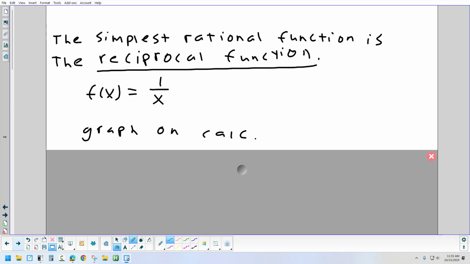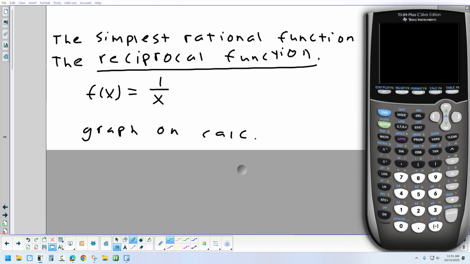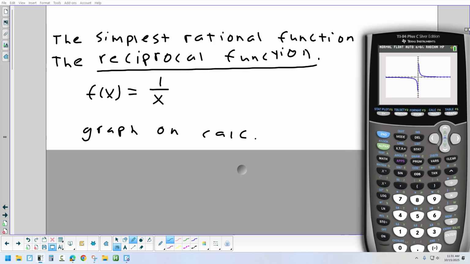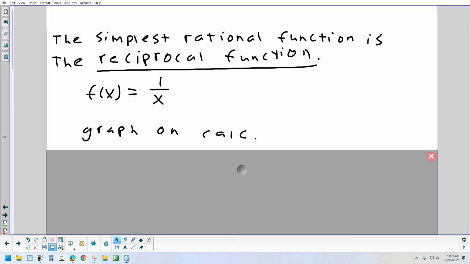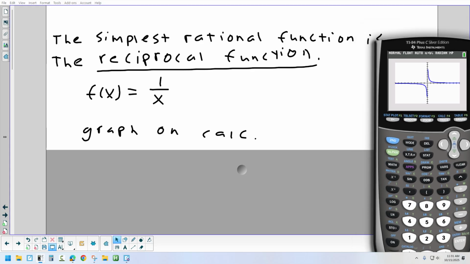So those rational functions we looked at, they're pretty complicated. They're not the simplest one. This is the simplest one. Okay? 1 over x. The top is a constant polynomial. The bottom is a linear. When you graph it, that one is going to look kind of like this. The calculator is not actually drawing that perfectly. The two branches of this graph look like they have starting and stopping points, or however you want to look at it.